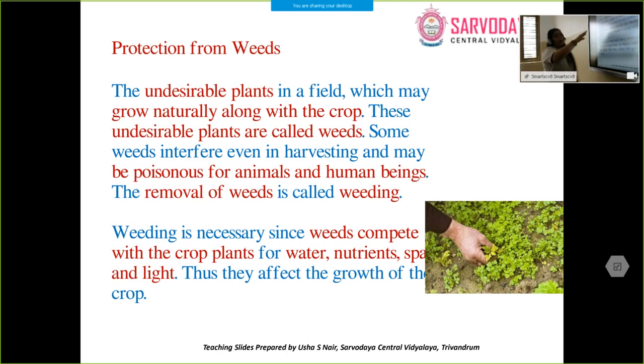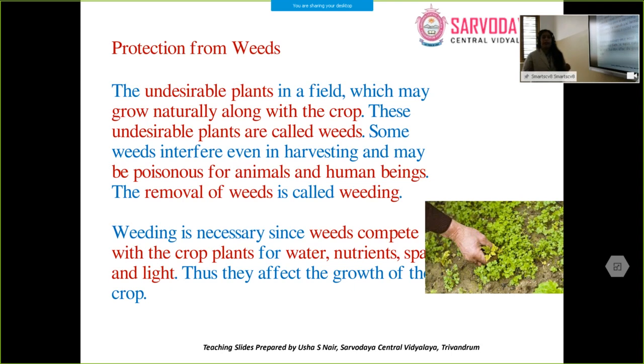So here, what are weeds? Again, the undesirable or unwanted plants in a field which may grow naturally along with the crop. These undesirable plants are called weeds. What happens if they are there? They interfere with harvesting, that is the next stage, and they may be poisonous for animals and humans.